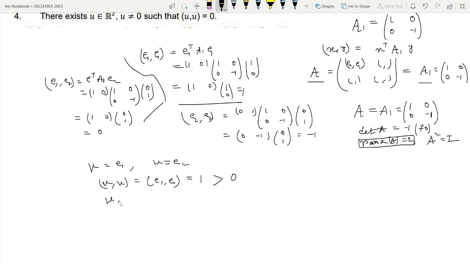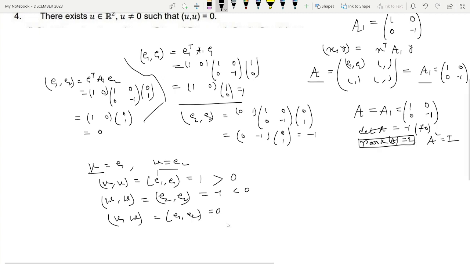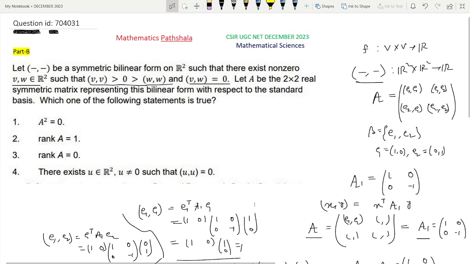B(w,w), this will be B(e2,e2), which we just calculated, is minus 1, less than 0. And we have also calculated B(v,w), that is B(e1,e2), which is equal to 0. So we have some v, w not equal to 0 such that B(v,v) greater than 0, B(w,w) less than 0, and B(v,w) equal to 0. So all the conditions given in this question are satisfied.